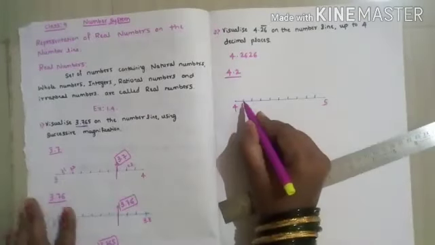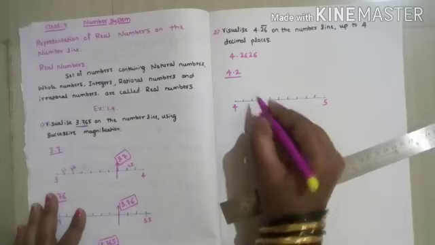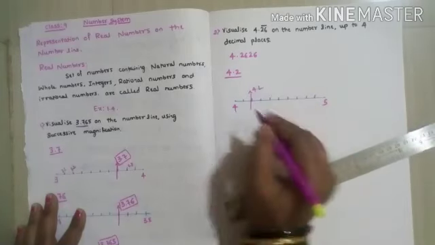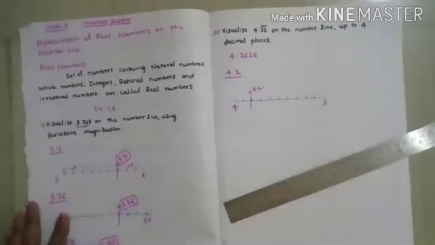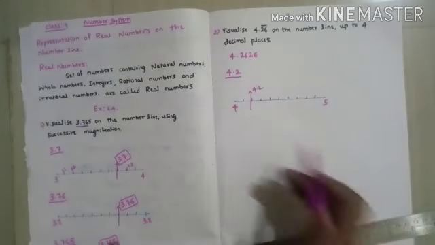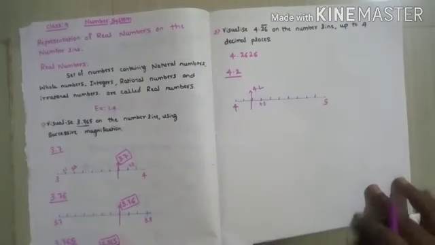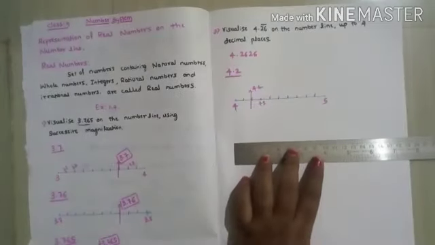So the first point will represent 4.1, then 4.2. 4.2 only we want to represent. Next, 4.26 is there, so next we have to magnify 4.2 to 4.3.